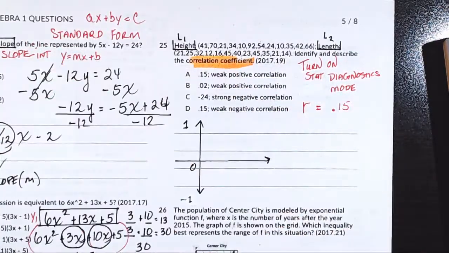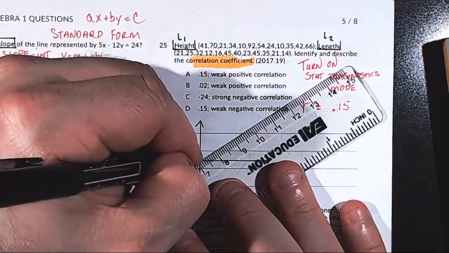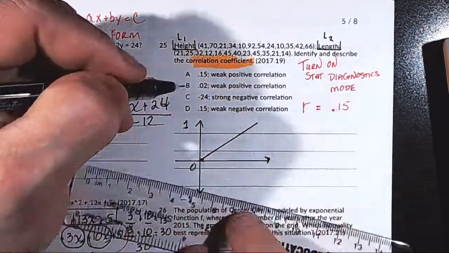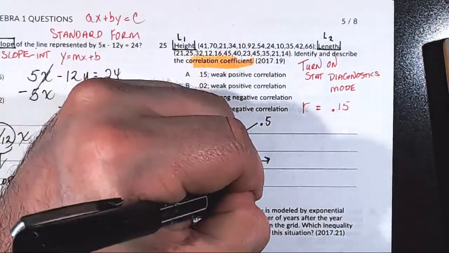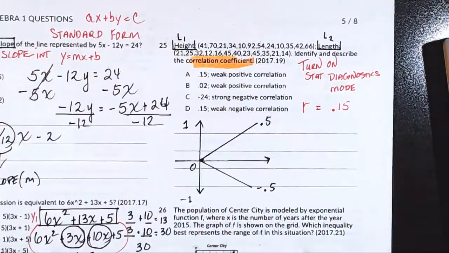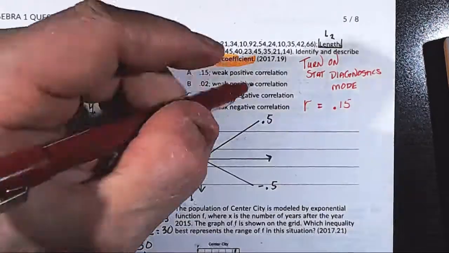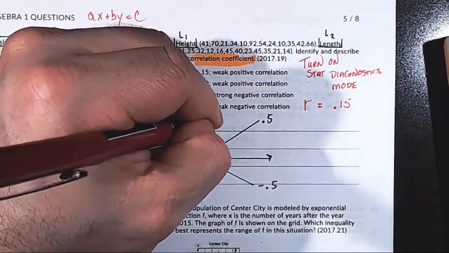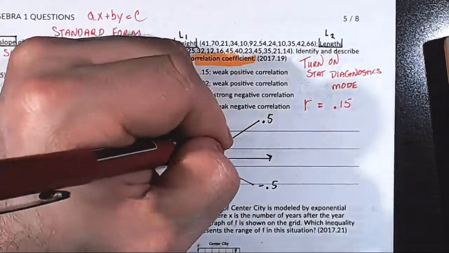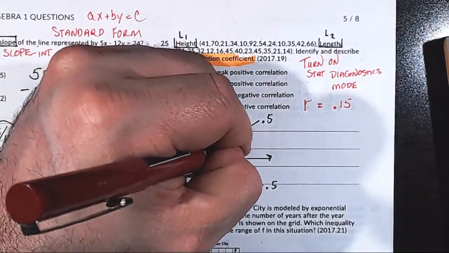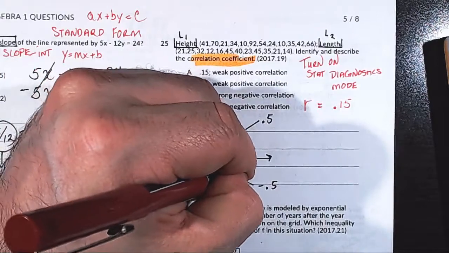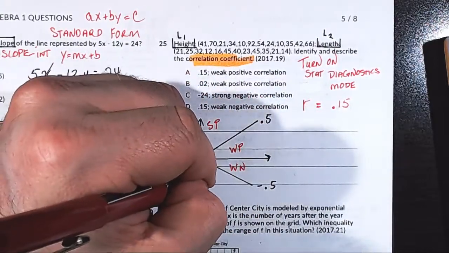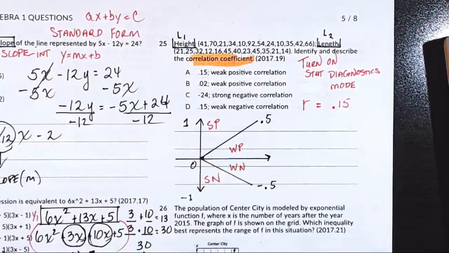Okay, and then we have these midpoints here, 0.5 and negative 0.5. If it's in this range here, it's strong positive correlation. If it's in this range, it's weak positive correlation. And here it's weak negative correlation, and here it's strong negative correlation.